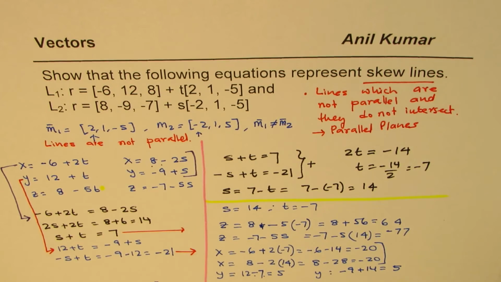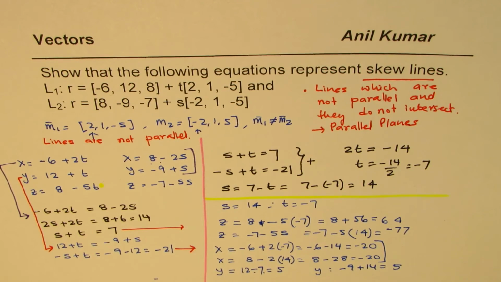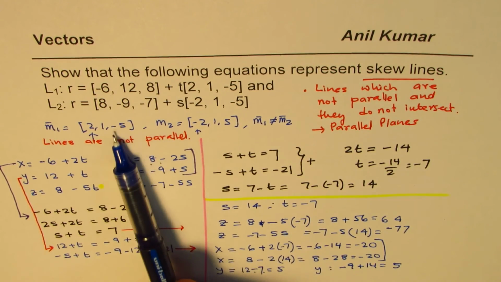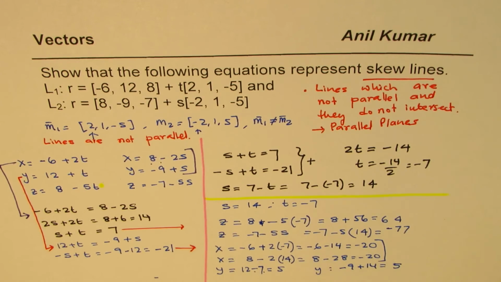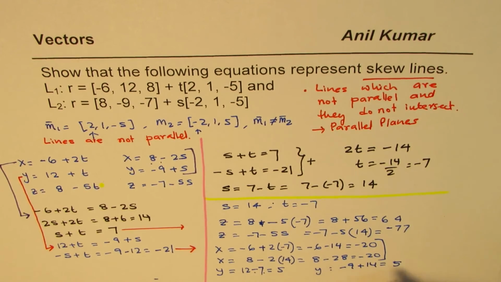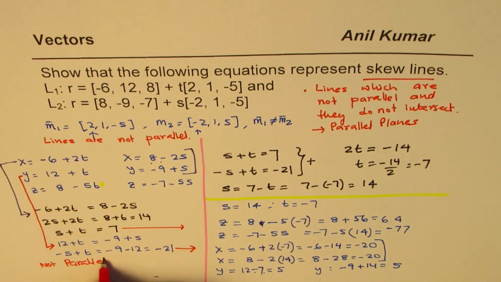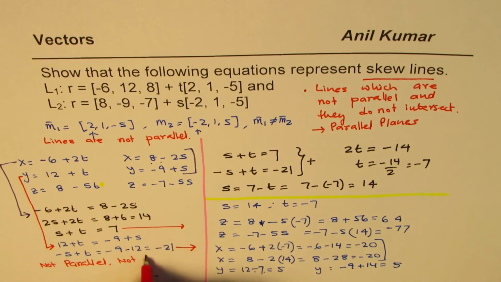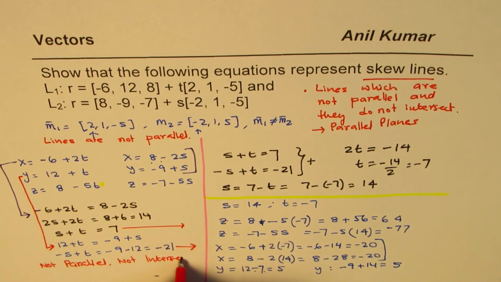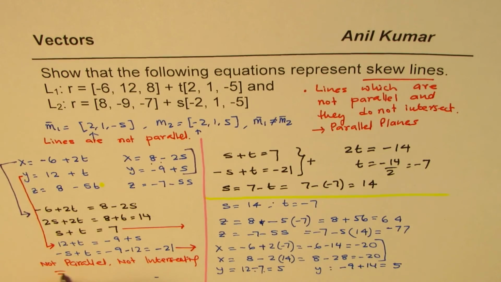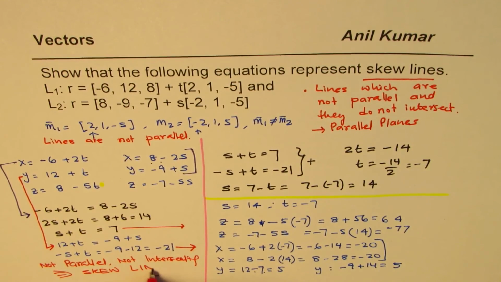Therefore, these lines do not intersect. Since these lines are not parallel and they do not intersect, they are skew lines. So not parallel and not intersecting means skew lines. That is how you can prove it.